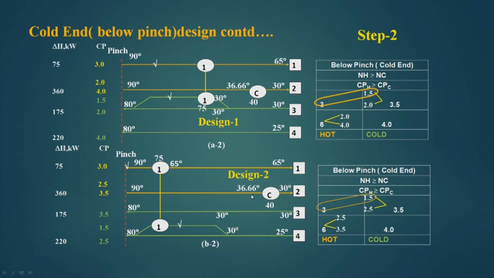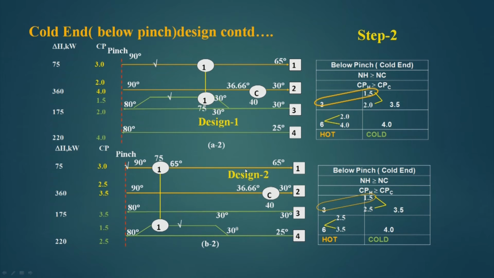Similar arguments are valid here, because this is ticked off, only this is the hot stream. So, I have to put a cooler of 40 units heat capacity here. Now, coolers are always put at the end.